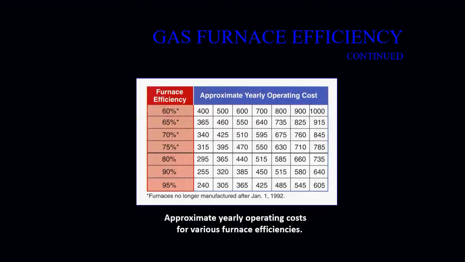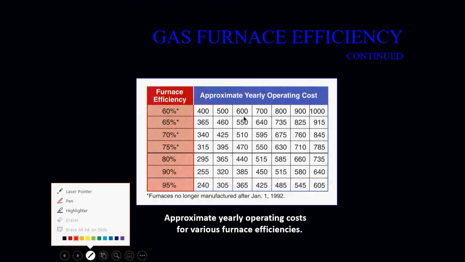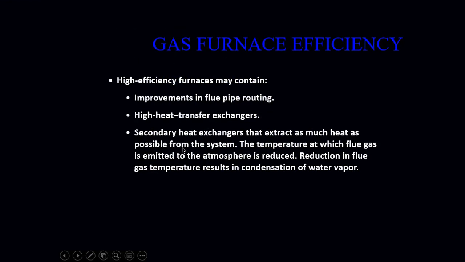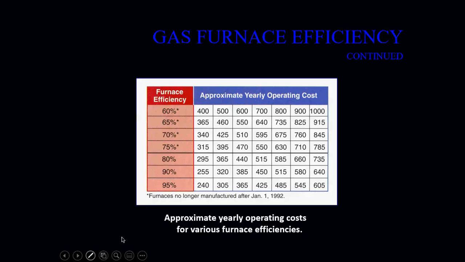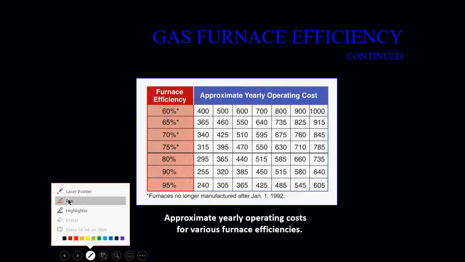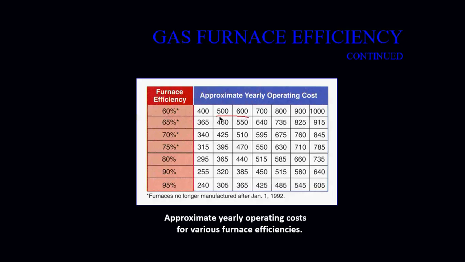So if we look at this chart, if we were at a home and found a standard efficiency, low efficiency furnace at about 65% efficient, they would be running an annual operating cost of probably around $460, maybe $550 for the year to operate that furnace.